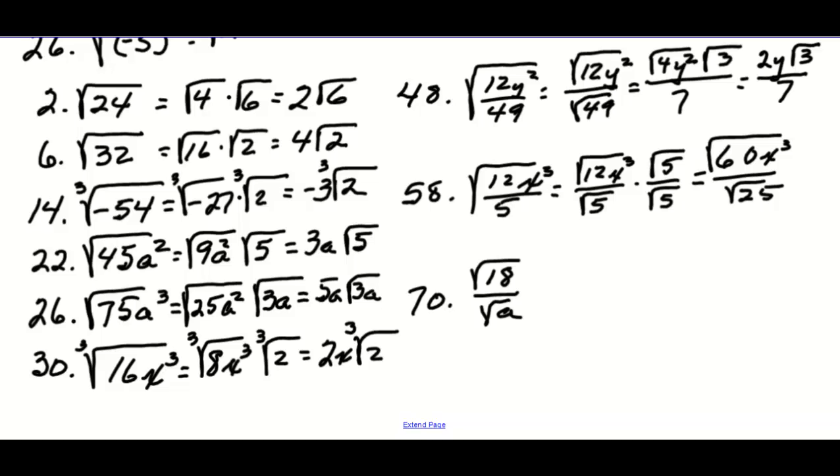But in my numerator, what do I have there? I have 60. Well, what divides evenly, that's a perfect square, into 60? Well, let's see. The only thing I can think of is 4, because 4 times 15 gives me 60. 9 doesn't do it, 16 doesn't do it, 25 doesn't do it.